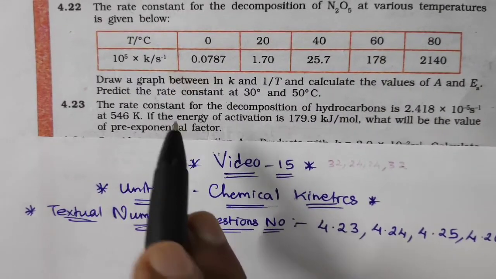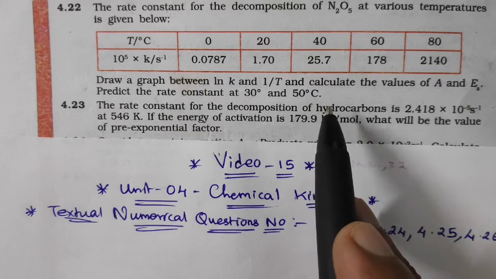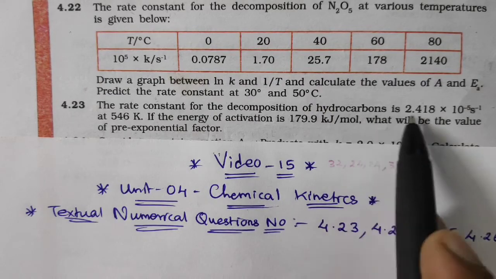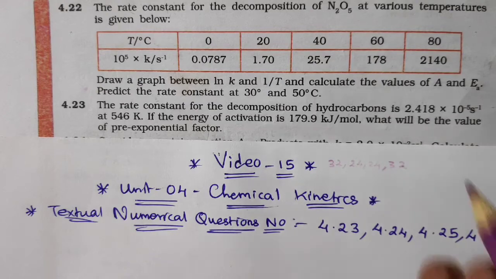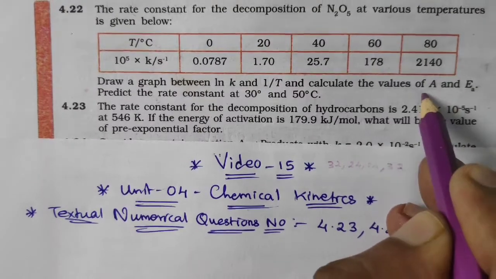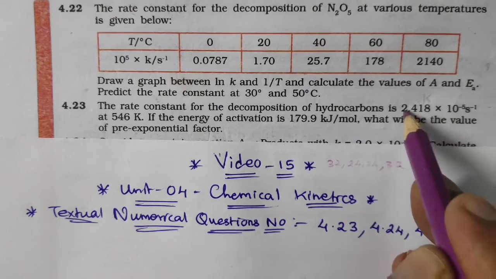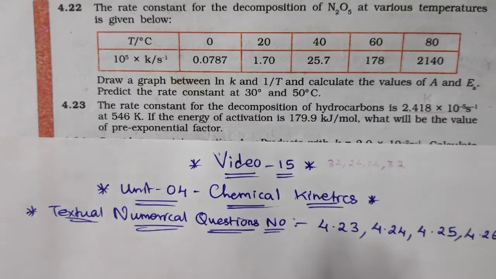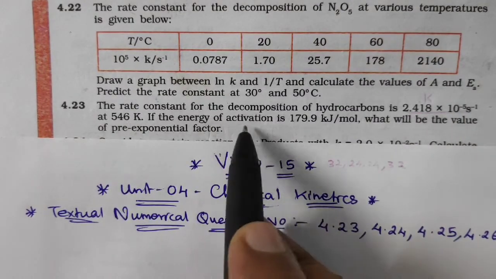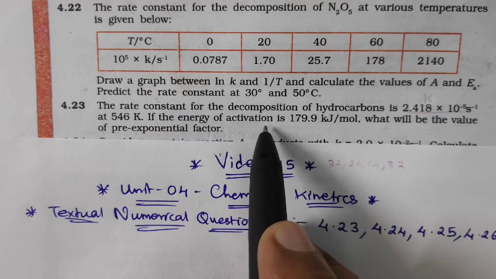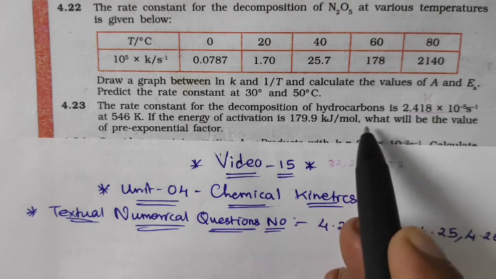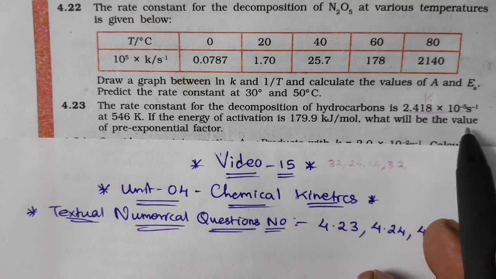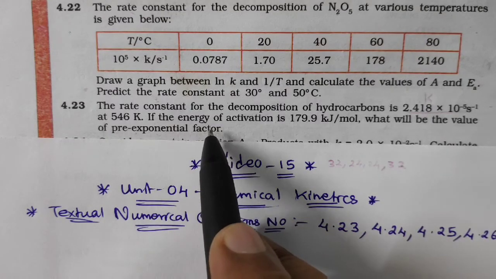The rate constant for the decomposition of a hydrocarbon, that is the K value, is given here, and the temperature is also given. If the energy of activation, that is EA, is 179.9 kilojoule per mole, what will be the value of the pre-exponential factor?